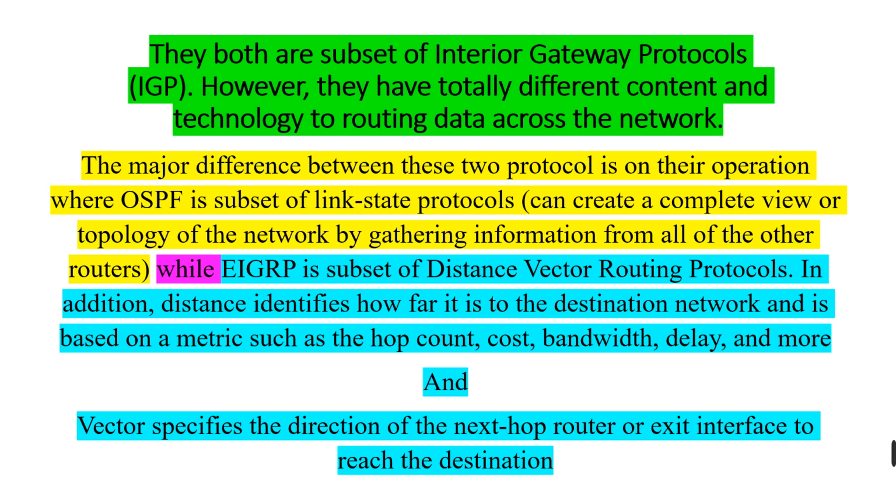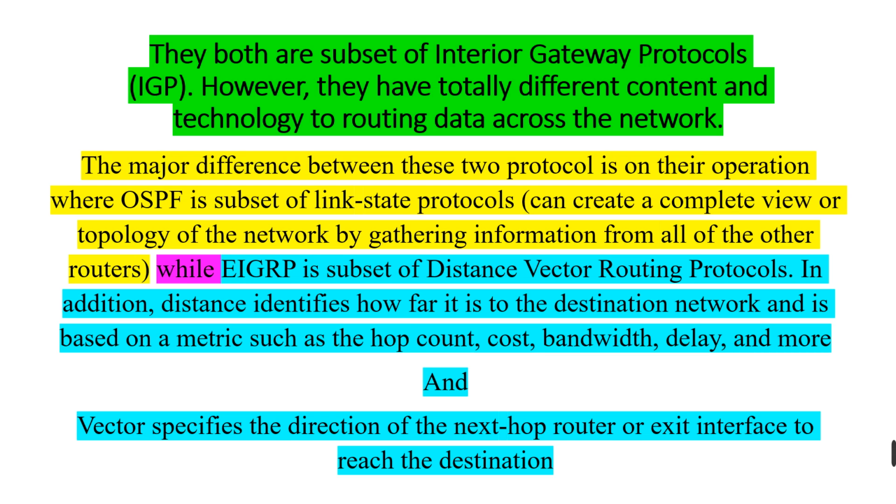Distance means identifying how far the destination network is, and it is based on metrics such as hop count, cost, bandwidth, delay, and more. And vector specifies the direction of the next hop router or exit interface to reach the subnet or destination.